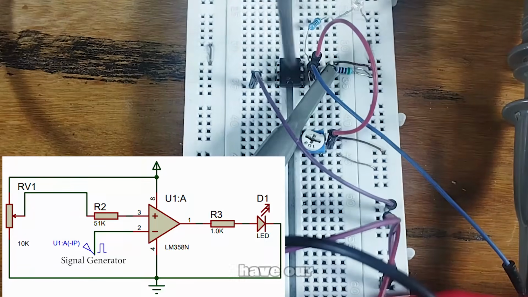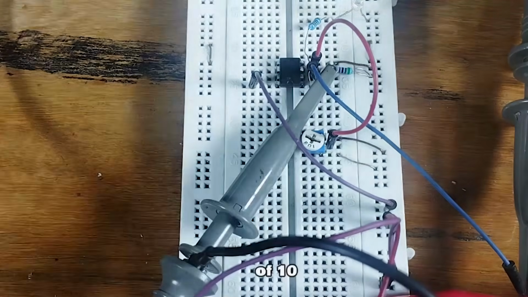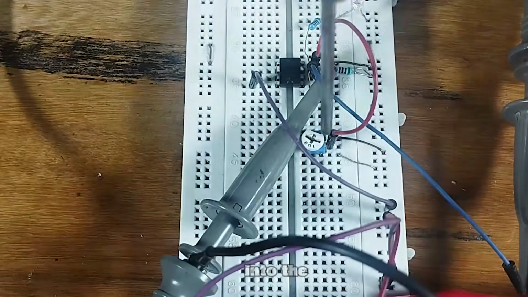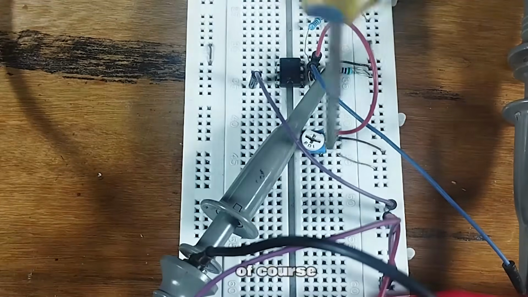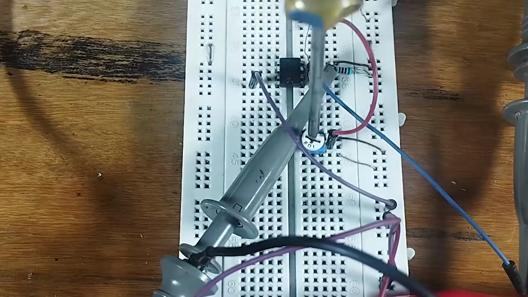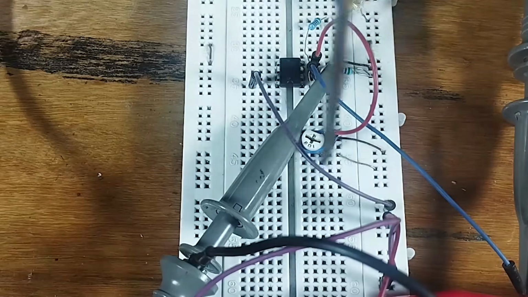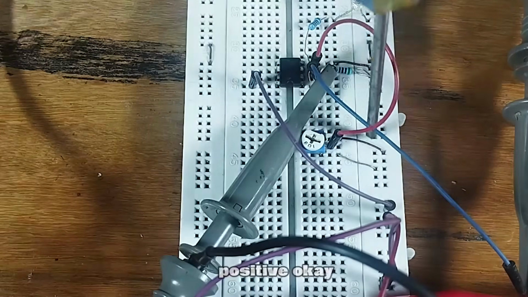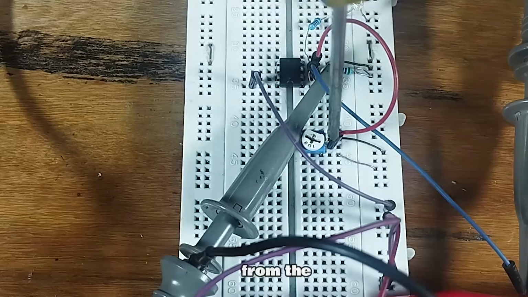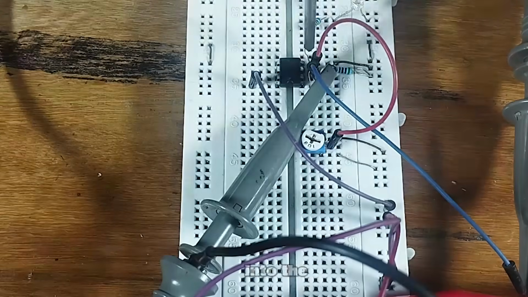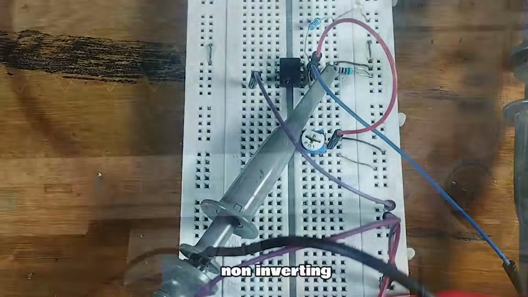and we have our DC supply of 10 volts coming into the variable resistor connected to both the negative and the positive, and then we're taking from the wiper here into the non-inverting pin.